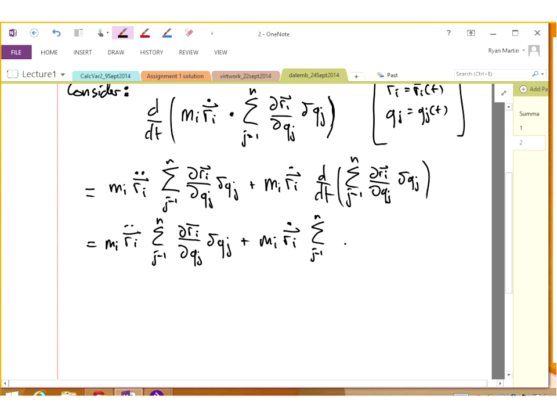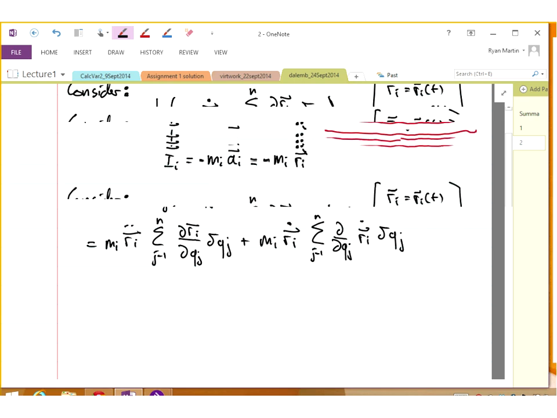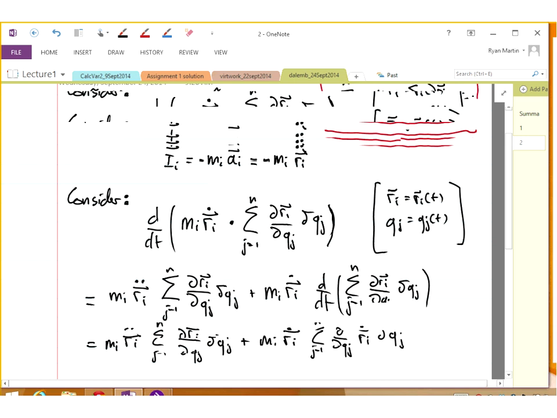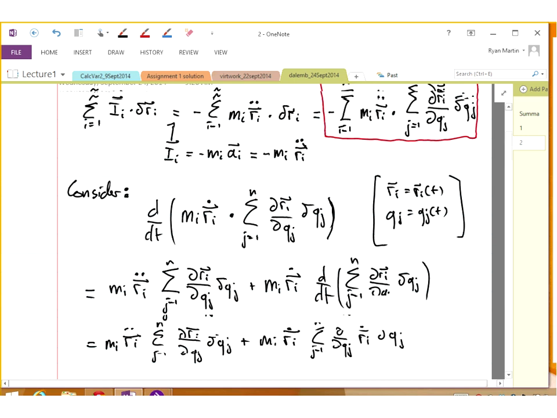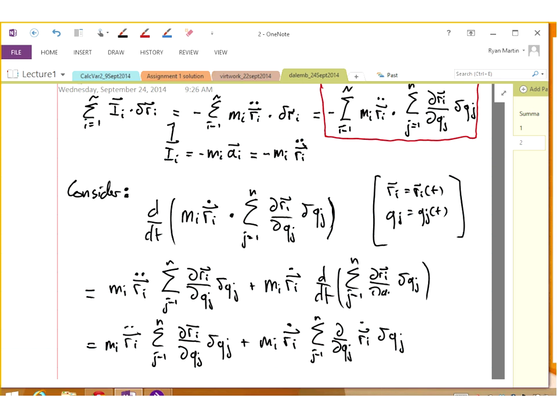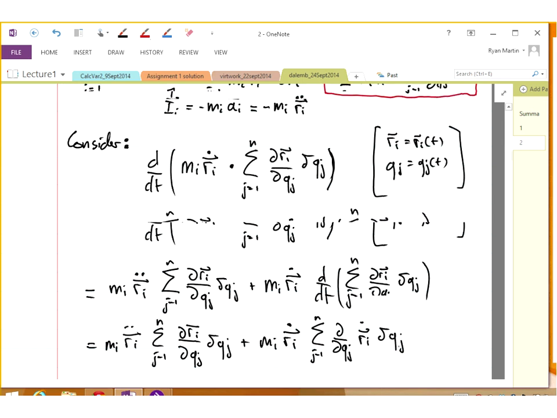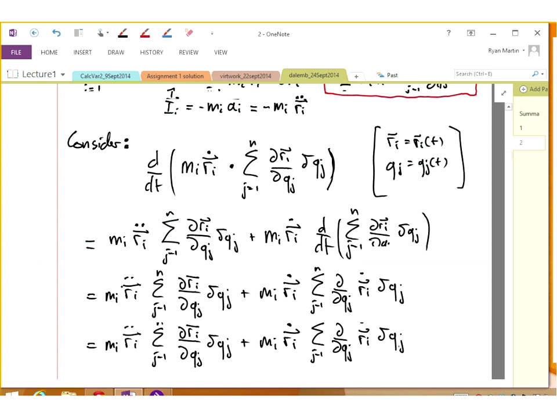So I have partial by partial q_j, and then d by dt of r_i, and that I can just write as r_i dot, delta q_j. Okay? So now note that the first term in here is the term in red. So let's box that term in red.